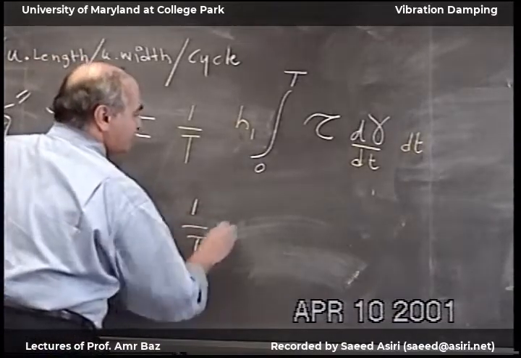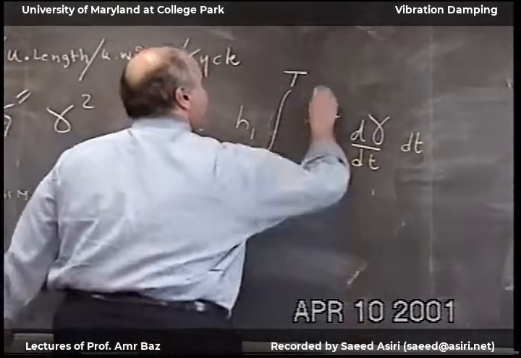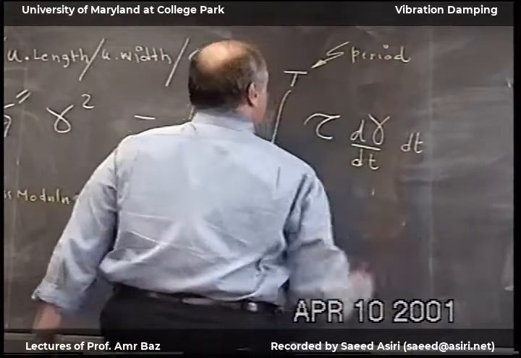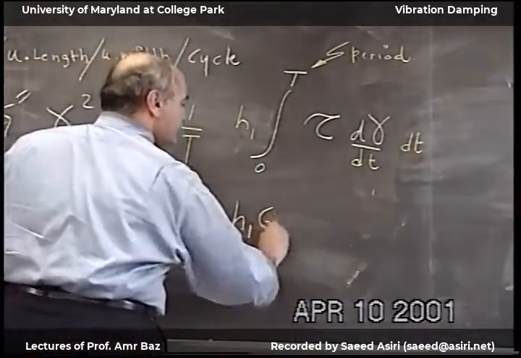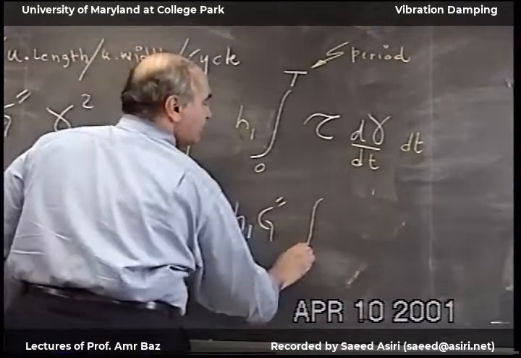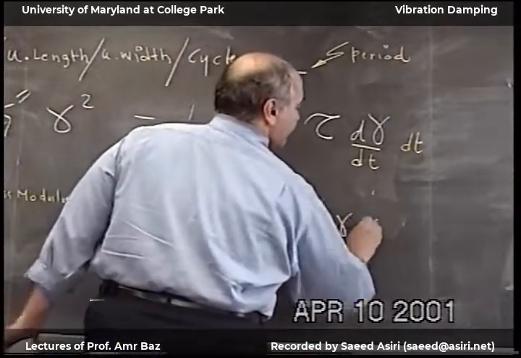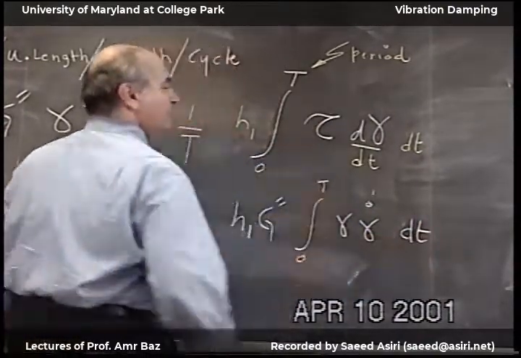This would be 1 over T, write down T is the period. And then now I'll replace this by G double prime, and then integrate gamma dot, and dt from 0 to t.